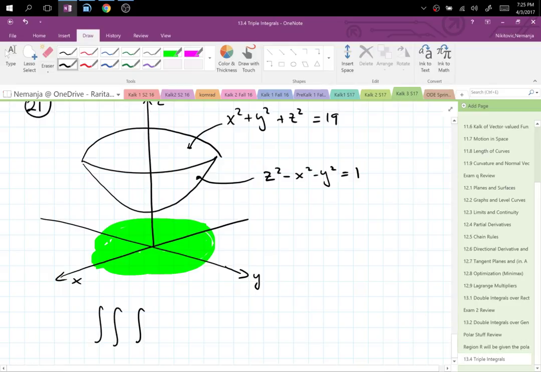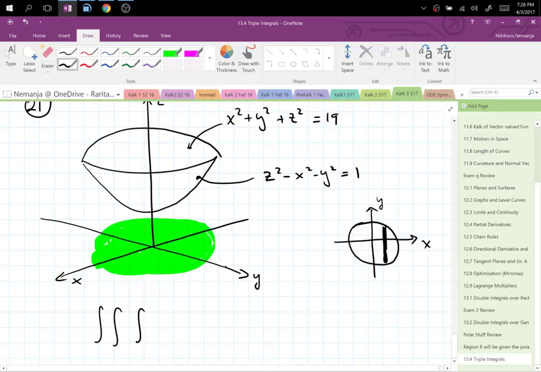Good practice is to draw that circle on the side and put a representative rectangle. Now you want to know the radius of such a circle, and the radius is 3, because we will set two equations equal to each other.